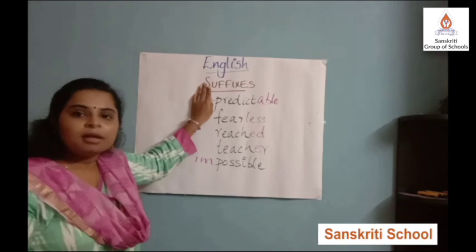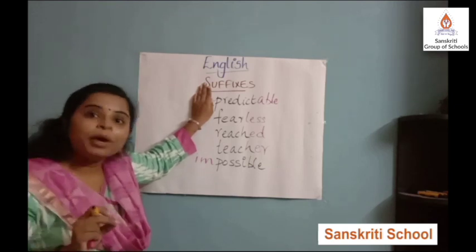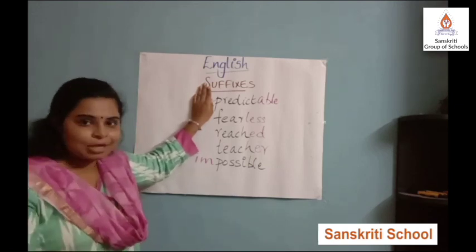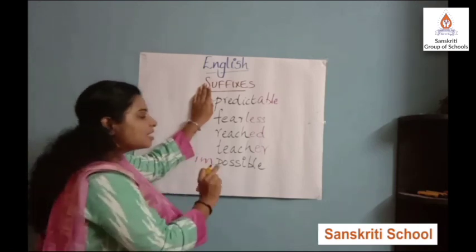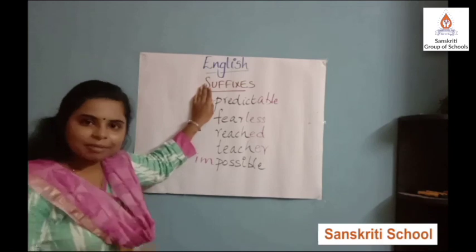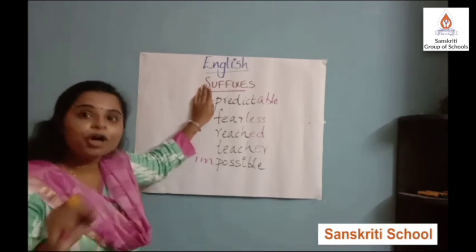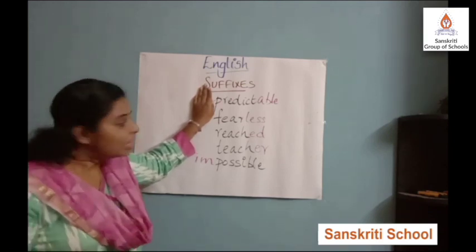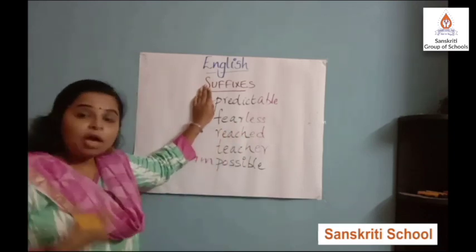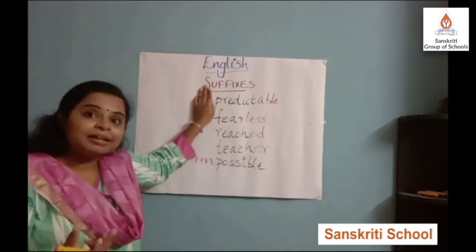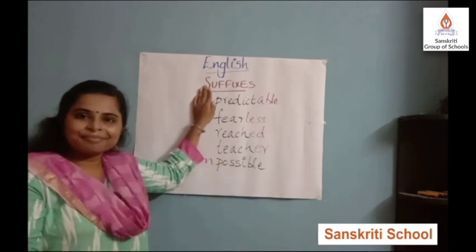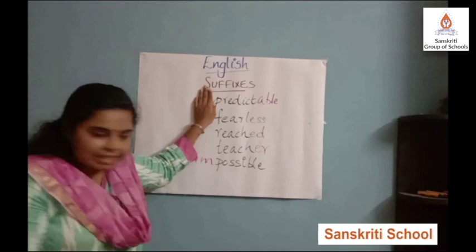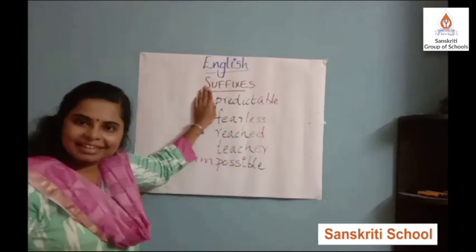Say for example, if someone is studying very well, someone who works very hard, you can say that that person's result is predictable, which means it is sure that he is going to score good. Whereas fearless: fear means afraid, scared, whereas fearless means without fear, not having any fear. See how the word changed its meaning?